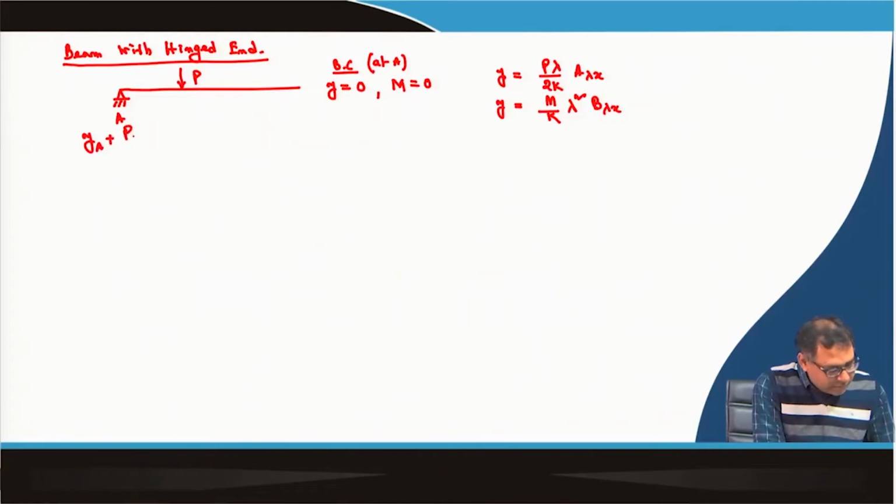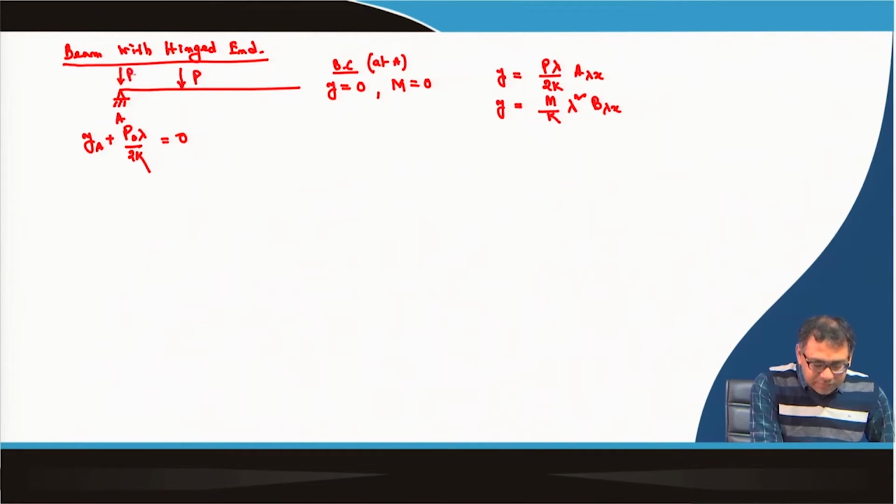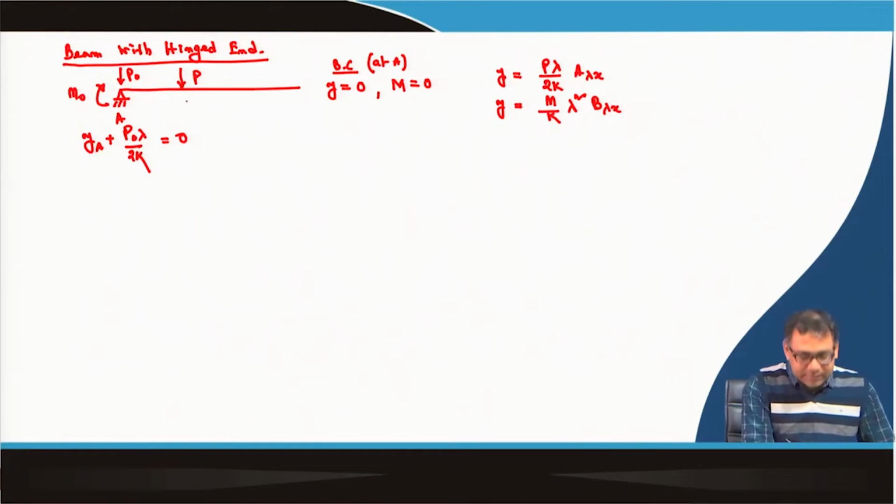So, this will be equal to P0 lambda by 2k, and this is equal to 0, because here y A is the deflection due to the force P, and P0 is the end conditioning force and M0 also the end conditioning force. So, the deflection due to these cases, why I am not considering M0, because B lambda x is 0 at the point x equal to 0.